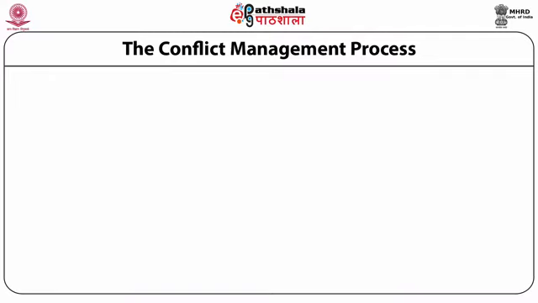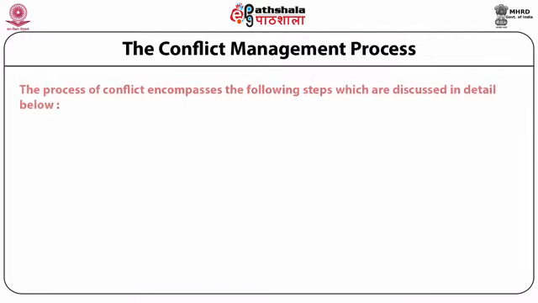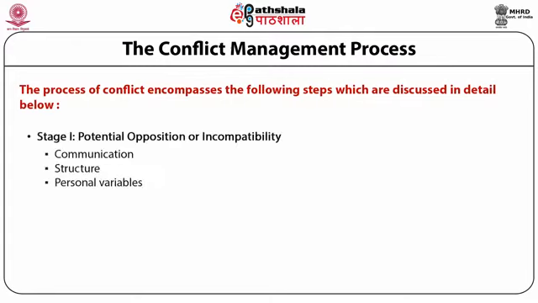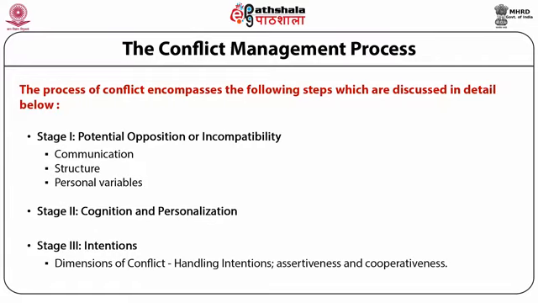The conflict management process. The process of conflict encompasses the following steps, which are discussed in detail below. Stage 1. Potential opposition or incompatibility: communication, structure, personal variables. Stage 2. Cognition and personalization. Stage 3.